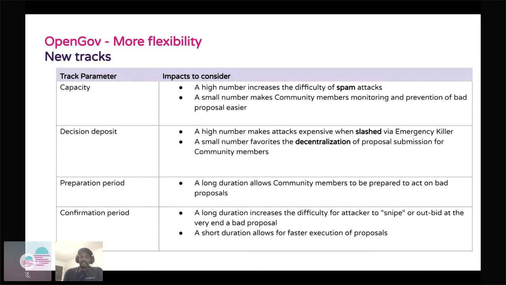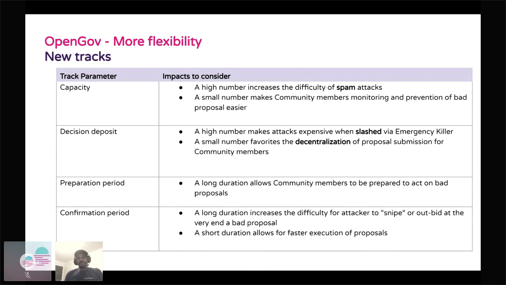So the proposal needs to be continuously successful for a certain amount of time. If the duration is quite long, the attack will most likely fail. But if the duration is very short, people will potentially not have enough time to react and prevent a bad proposal from going through.